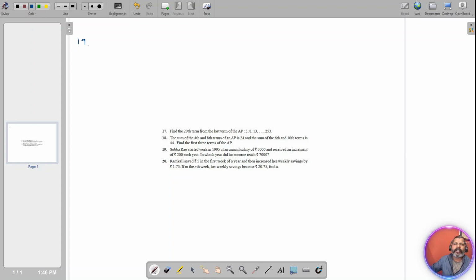Okay. We'll just write what is given from the question. See, his first salary, his annual salary, rupees 5,000.